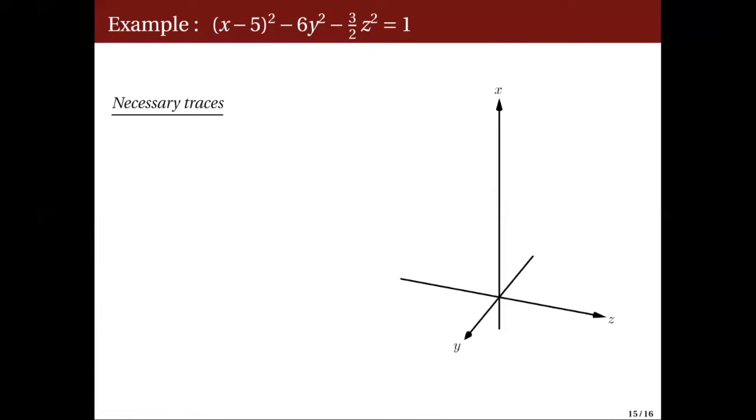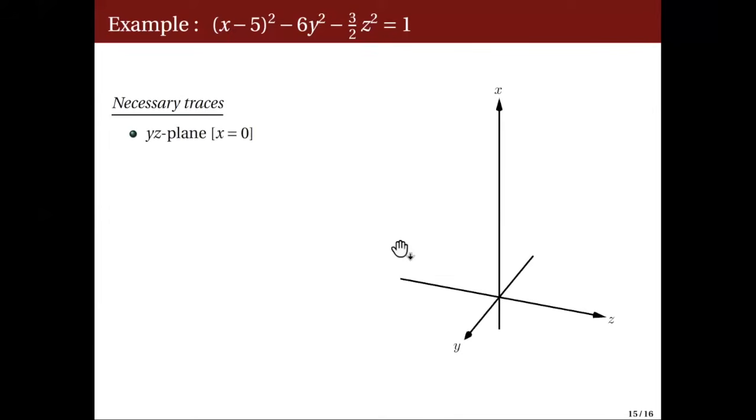For the necessary traces, we observe that the center is the point (5, 0, 0). And since we are expecting an elliptic hyperboloid of 2 sheets with this axis, then one branch, or one sheet rather, opens towards the positive x, and the other branch opens towards the negative x.